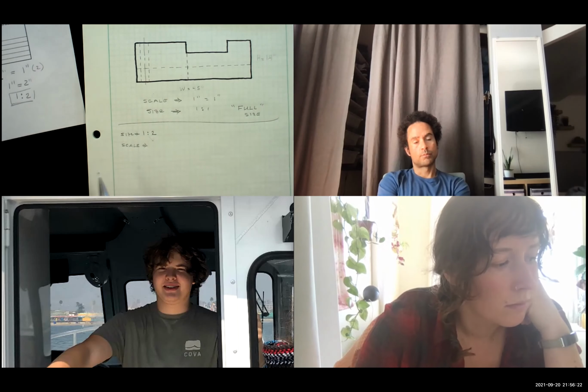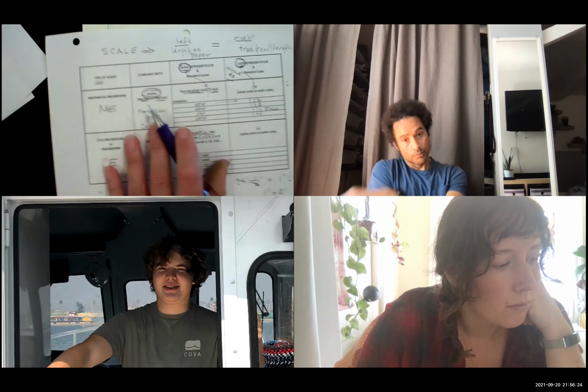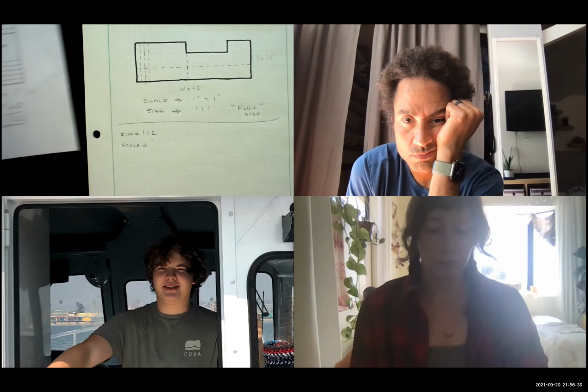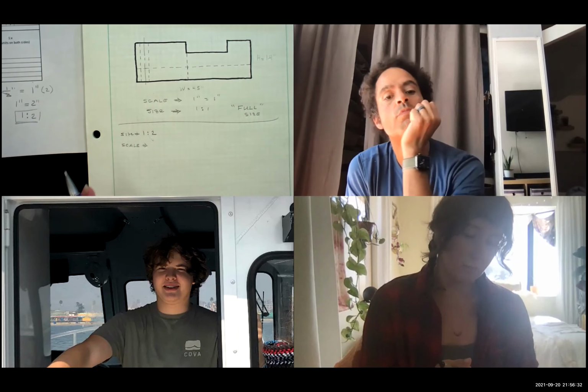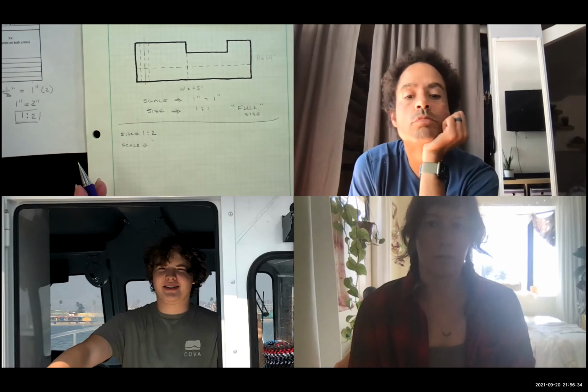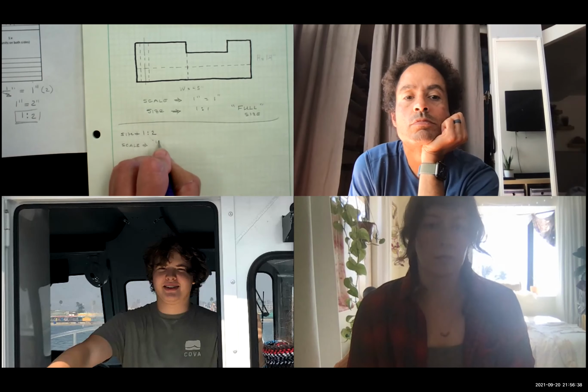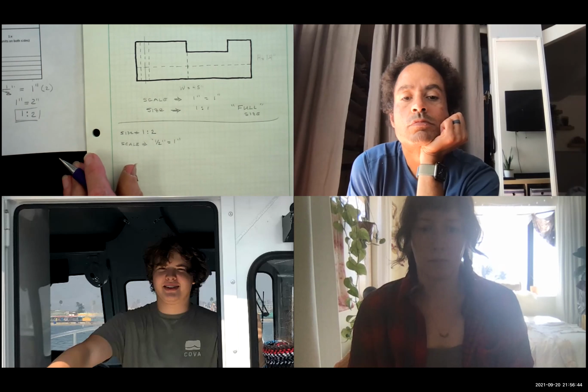I know as a mechanical engineer, on the left side of the equal sign I have to have a fraction, and on the right side I have to have 1 inch. So it'd be 1/2 inch equals 1 inch. Yep, 1/2 inch equals 1 inch. And could you describe that to me in words?